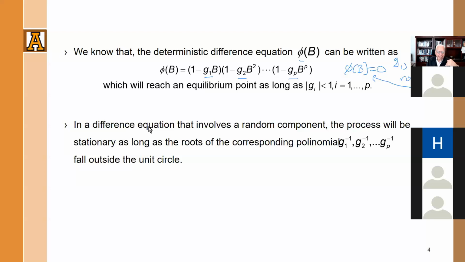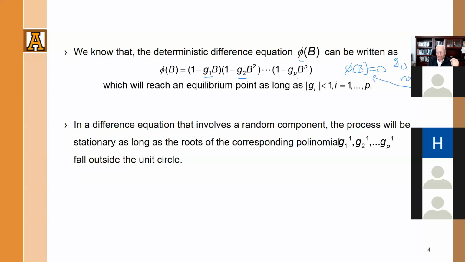Now, the equivalence in stochastic, when we induce the stochastic component, is that the process will be stationary as long as the roots of this polynomial lie outside the unit sphere.